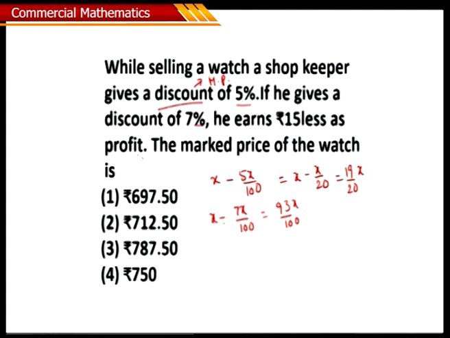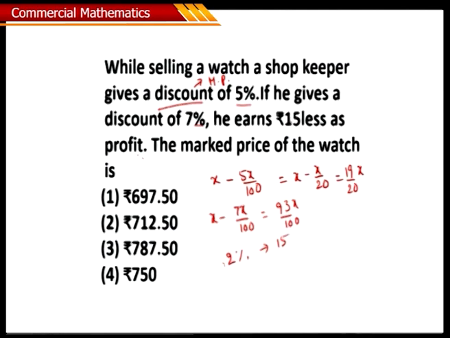So how do you calculate the profit? Profit is obtained from the market price; whatever the selling price is, the difference of selling price and cost price is the profit. Here, after giving a discount you are getting the selling price. So when the difference between 7% and 5% is 2%, you are getting 15 less as profit.